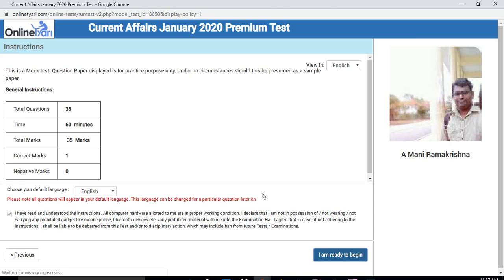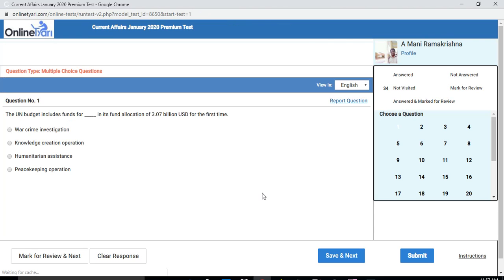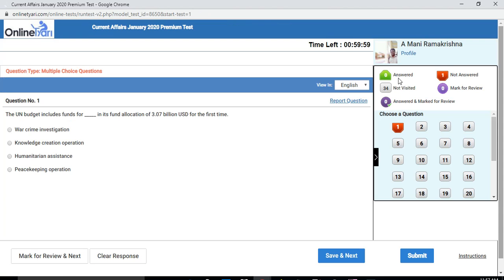You can observe here how many questions you have answered; that will show here. If you visit a question and do not answer it, that will show in red color. If not visited, that will be shown in white color. If you mark for review, for example doubt questions, that will be placed for review after putting the answer, and it will show in this way, marked for it.